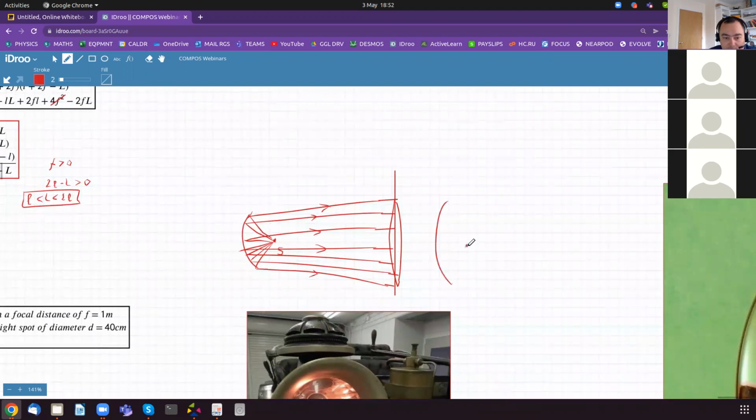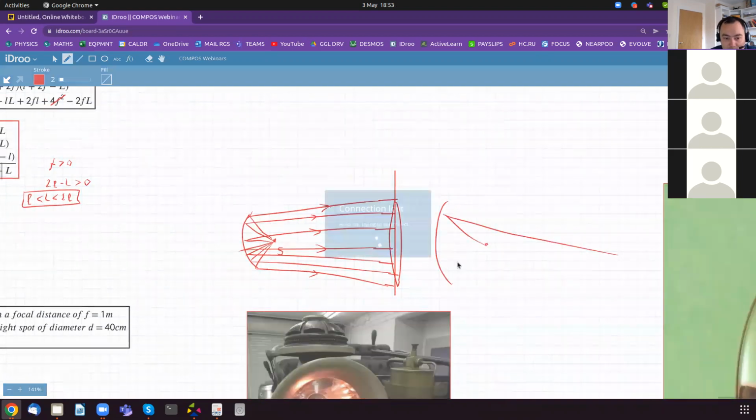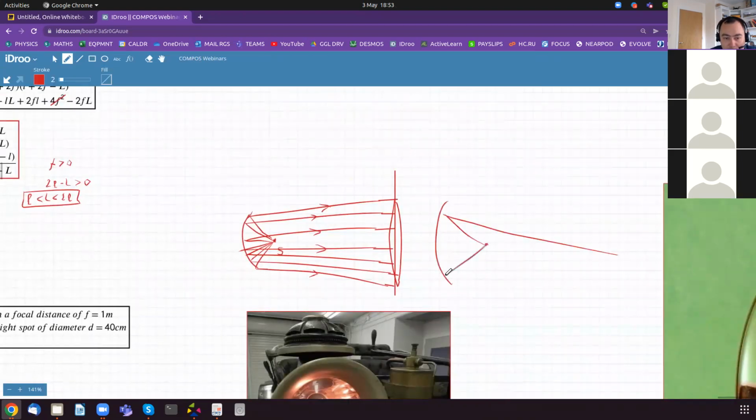So this is the source of light. And the light goes like this, reflects.